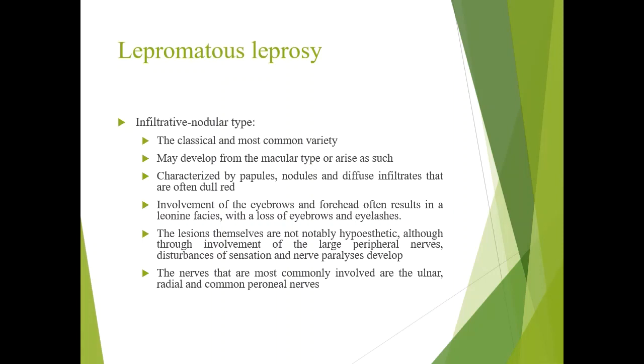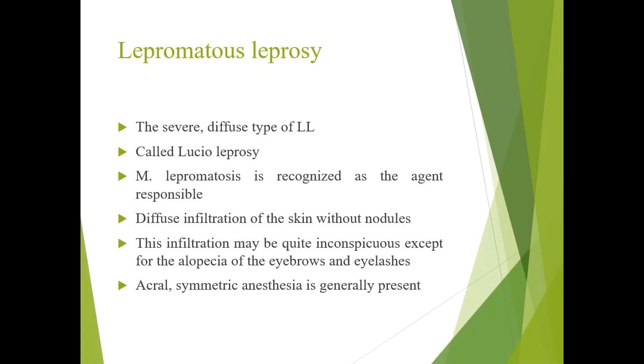The lesions themselves are notably hypoesthetic, although through involvement of large peripheral nerves, disturbances of sensation and nerve palsies develop. Nerves that are most commonly involved are the ulnar, radial, and common peroneal nerves. Another type is the diffuse type of lepromatous leprosy, which is a severe type called Lucio leprosy.